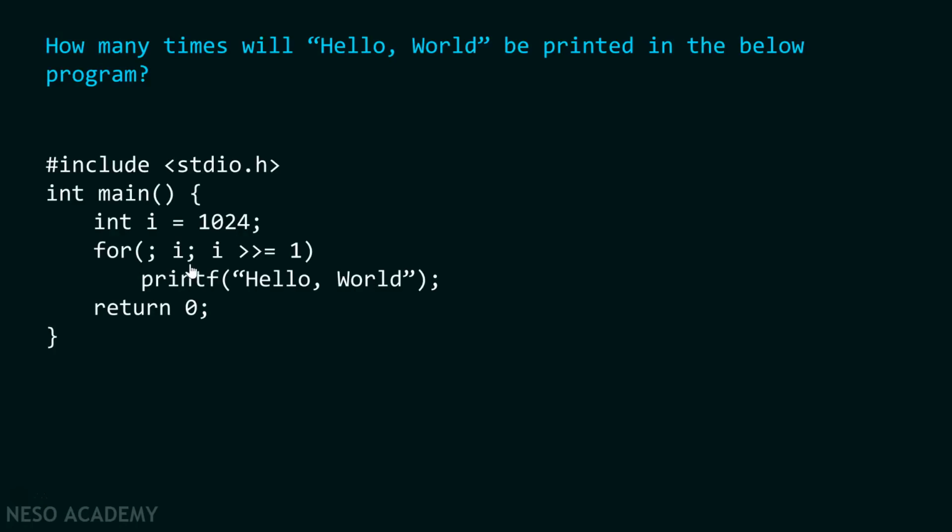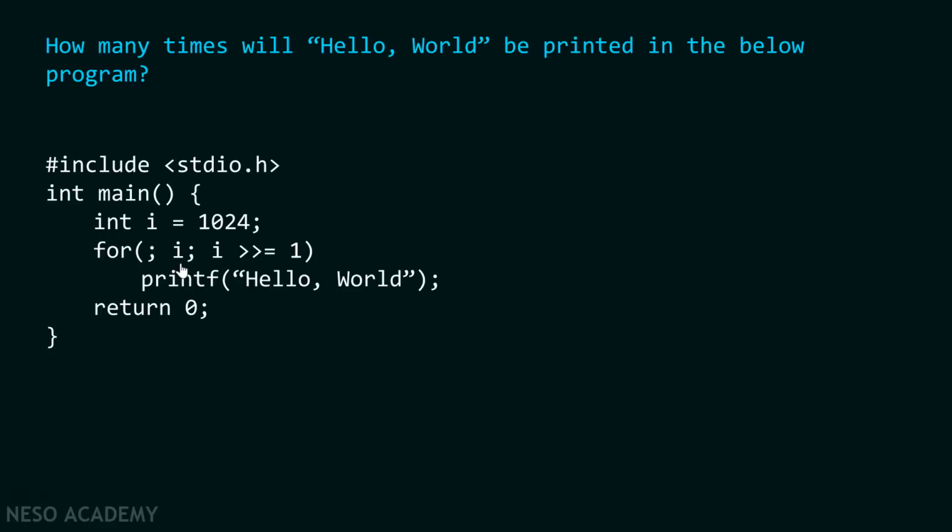This is what we need to understand. As we did initialization in the first step itself, there is no requirement of initializing this particular variable again, right? Therefore, we simply skip this step. Let's try to execute this code. After initialization, that is I equals to 1024, we check this condition I. Now this I is replaced with 1024, right?